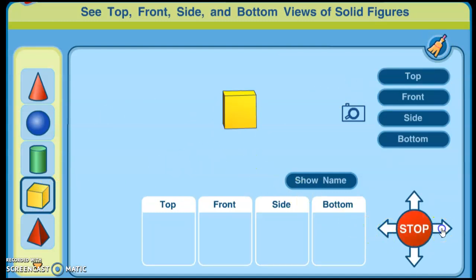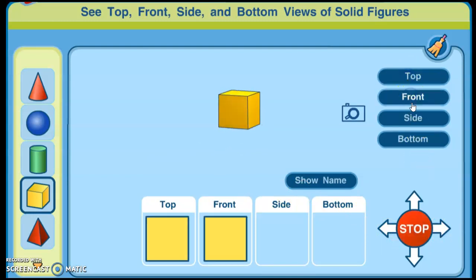And if I move that around, you can see it's spinning there a bit. And then we can take a look at the top, the front, the side, and the bottom view. And a cube is made up of many squares, as you can see. A cube has 6 flat surfaces. I know it's hard, again, to see a three-dimensional figure on a flat screen.